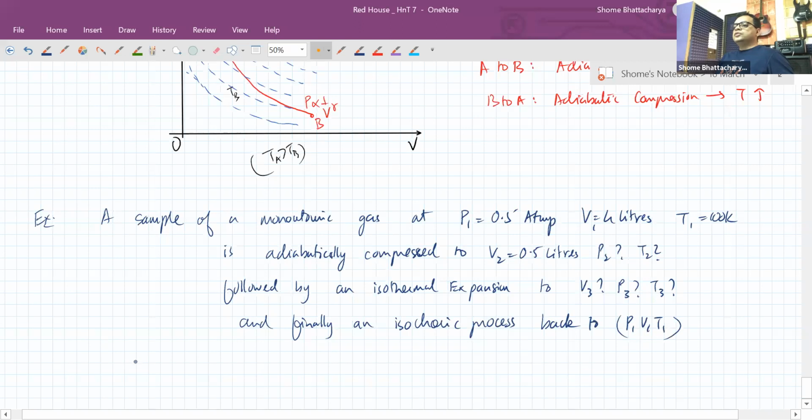Okay. So first of all, plot the three processes in a PV graph.